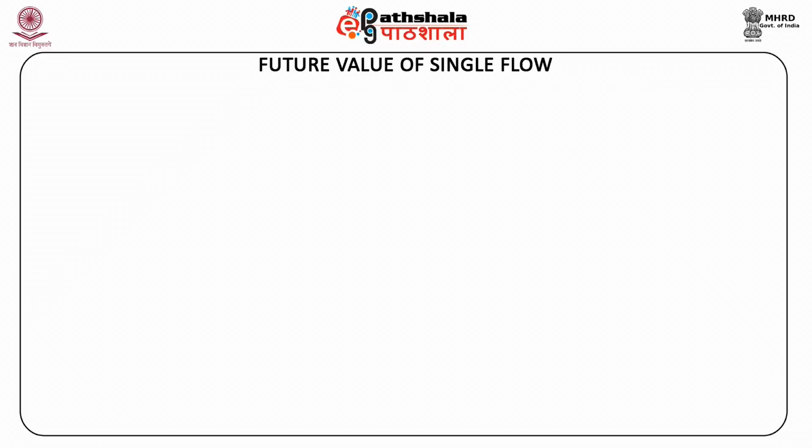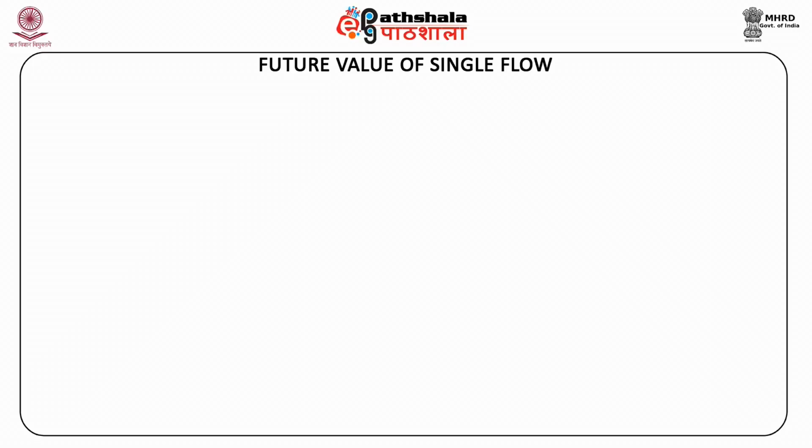Next, we will discuss the future value of a single flow. Future value of a lump sum amount invested at a point of time can easily be calculated by the above method. However, it becomes difficult to calculate the same for a maturity period of 20 or 30 years. Thus, for calculating the future value of a single cash flow compounded annually, the following formula can be used.